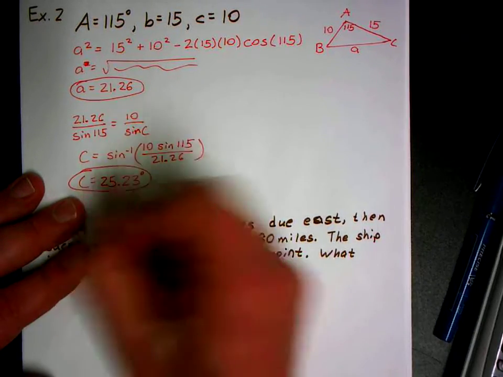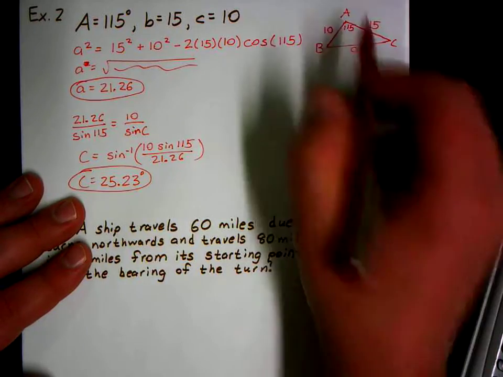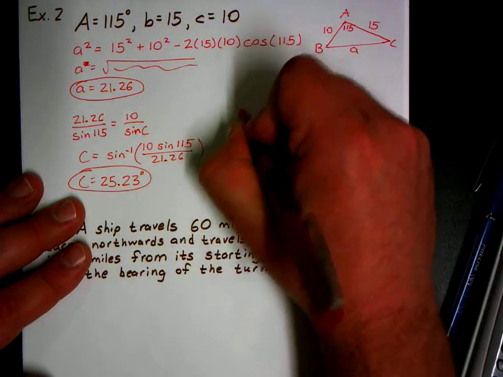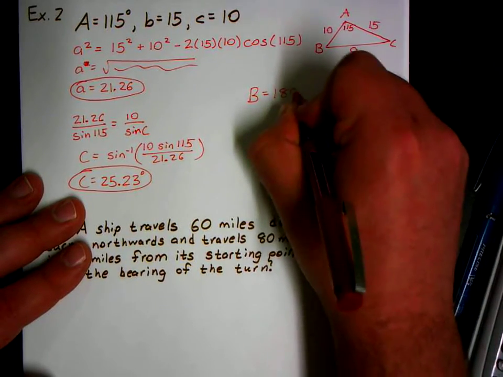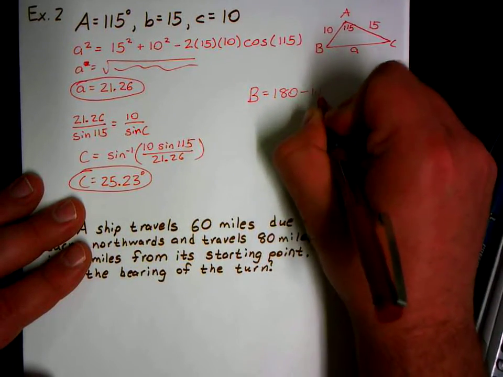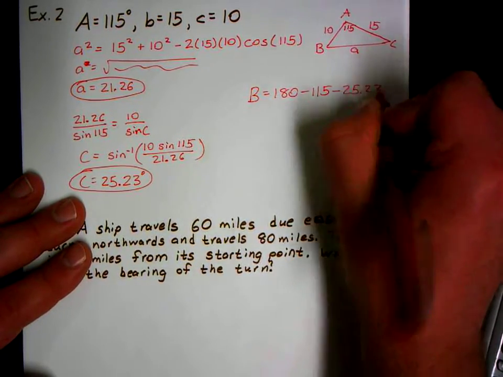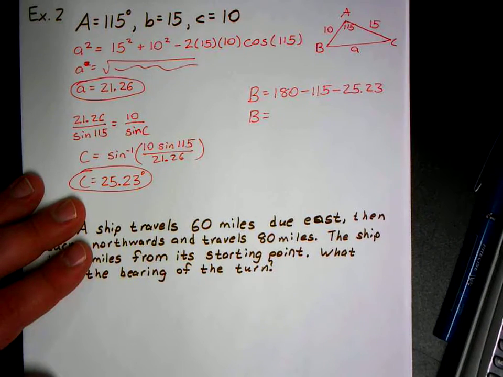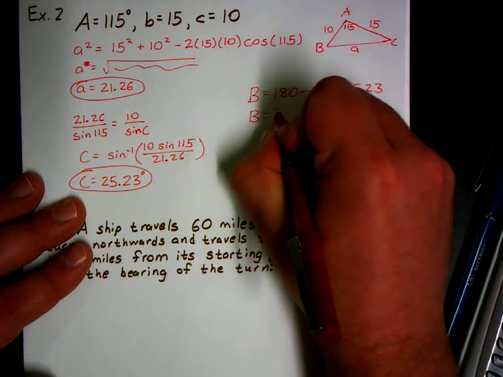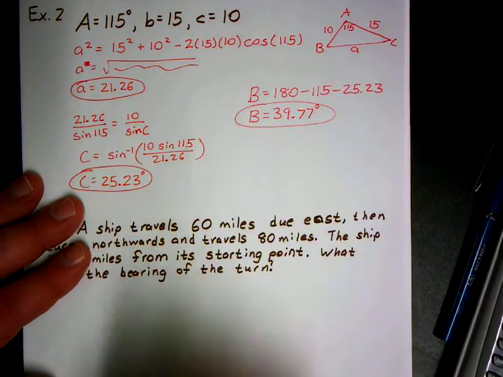So finding C prime wouldn't matter because C prime wouldn't work with angle A. So B would be 180 minus 115 minus 25.23. So there's that.